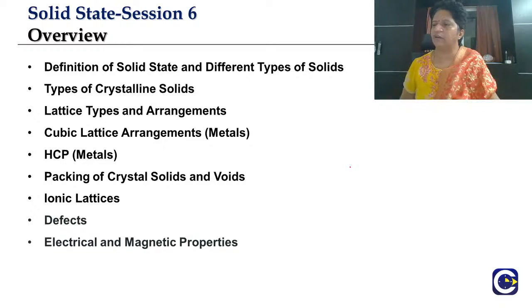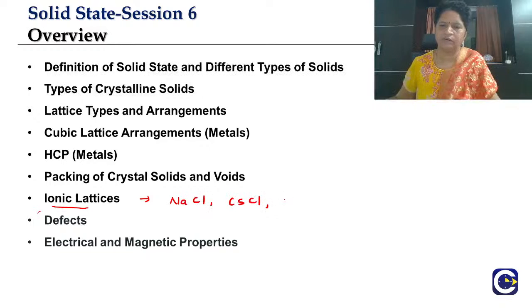With the same coordination number for cation and anion, and then with different coordination numbers. We have taken ionic lattices of NaCl, cesium chloride, zinc sulfide, calcium fluoride, fluoride structure, Na2O.